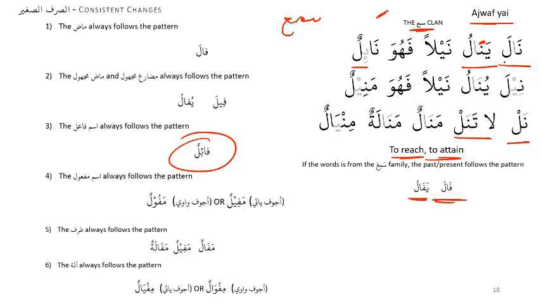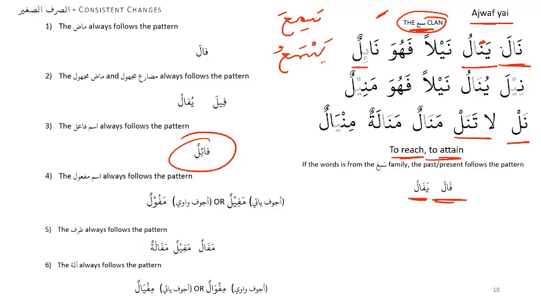Are you talking about nala yanalu? Yes, or all similar words. How do we know it's Sami'a as opposed to Fataha? Actually, this is told to us by the founders of the language, that the word nala falls in this bab. So Arabs have decided that nala yanalu is Bab Sami'a.